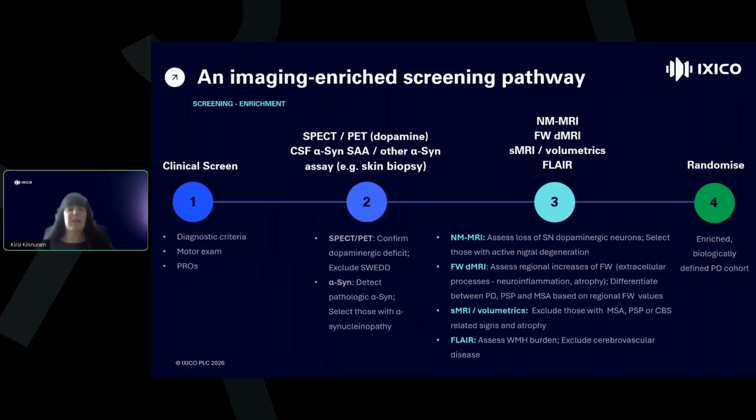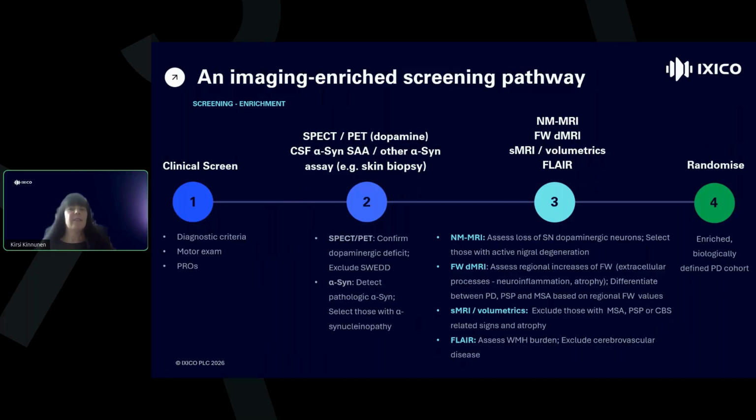MRI, as the third step, can further enrich for participants with or without certain types of pathology. Structural MRI and volumetric analysis allows exclusion of those with atypical Parkinsonism-related signs and patterns of atrophy. For example, midbrain and superior cerebellar peduncle atrophy in progressive supranuclear palsy, or the hot cross bun sign and cerebellar atrophy in multiple system atrophy, or parietal atrophy in corticobasal syndrome.